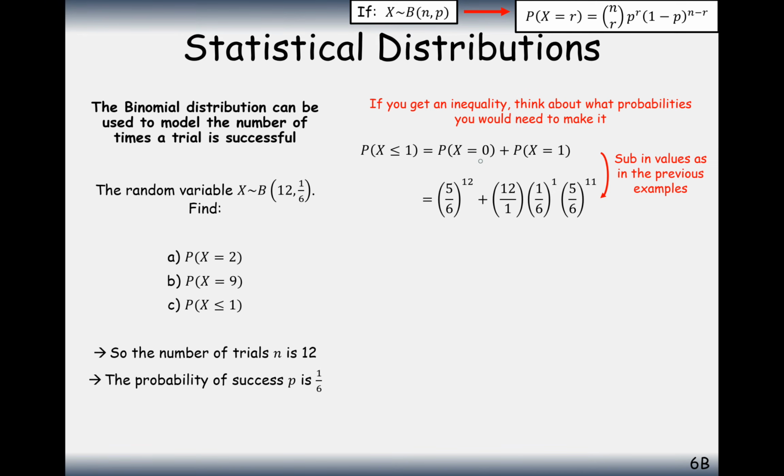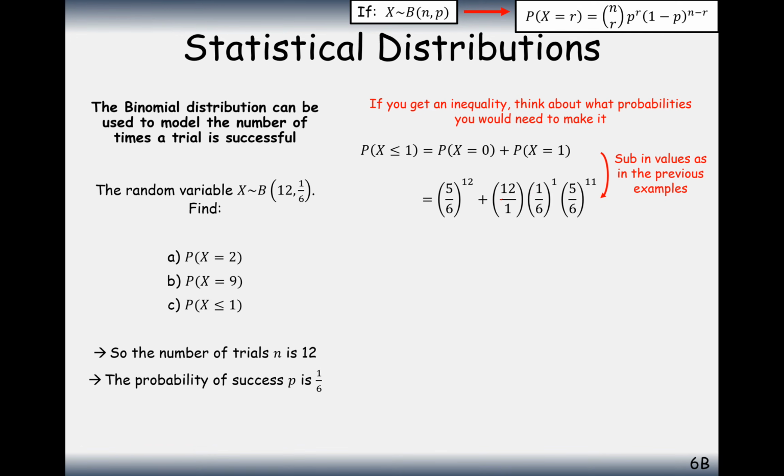Now just remember, for the 0 one, effectively there's only one branch that you can go along if you want 0 successes. It would just be fail, fail, fail, fail, fail, fail, fail. So it's effectively just the probability of failure to the power of number of failures. You could put a 12 choose 0 at the front here, but remember, anything choose 0 is just 1.